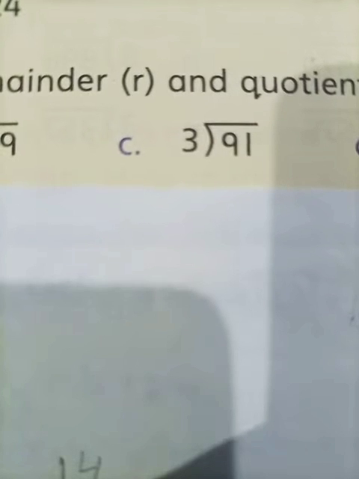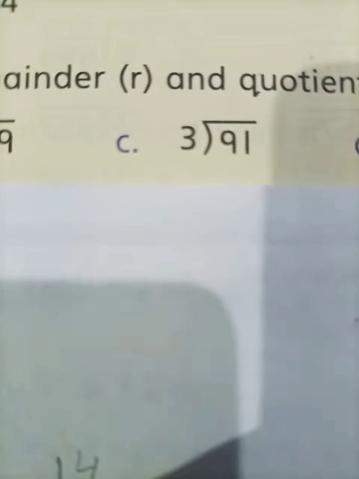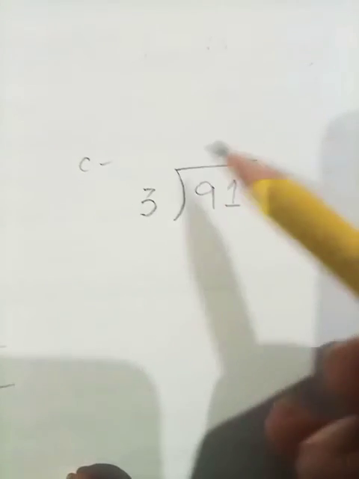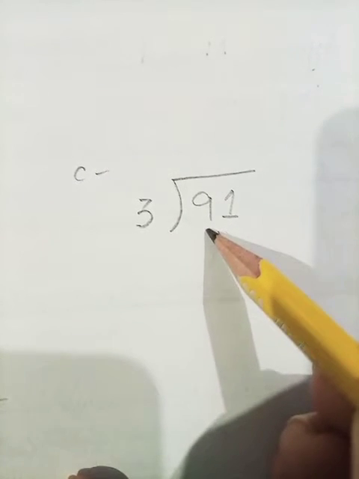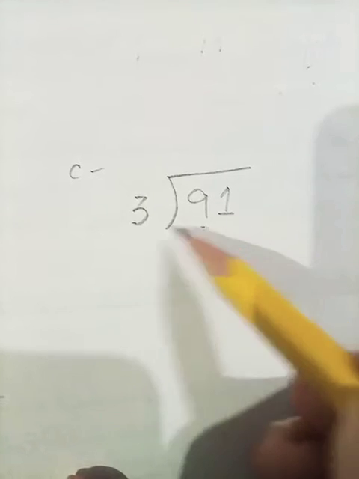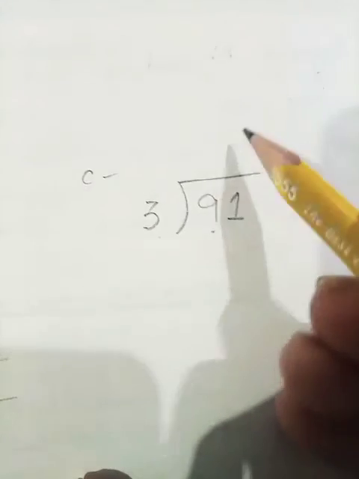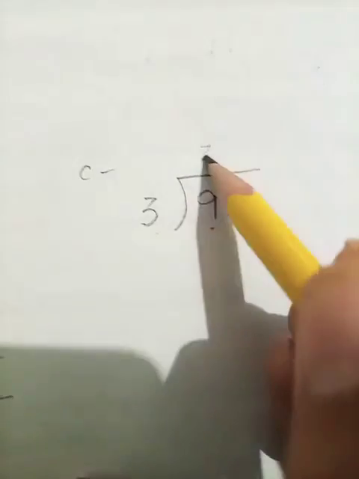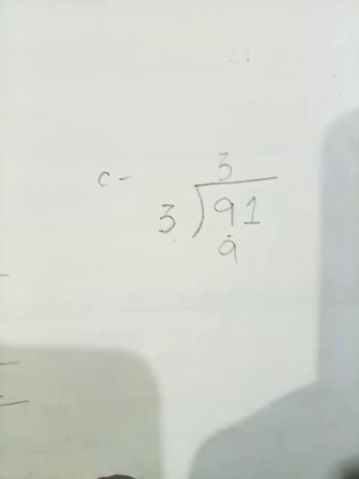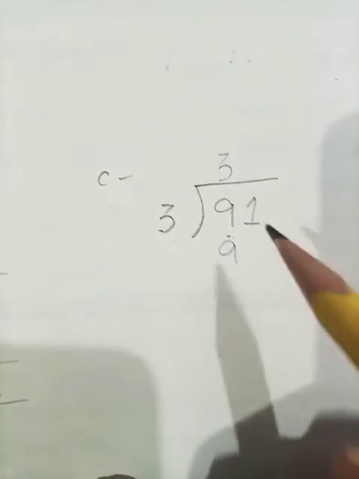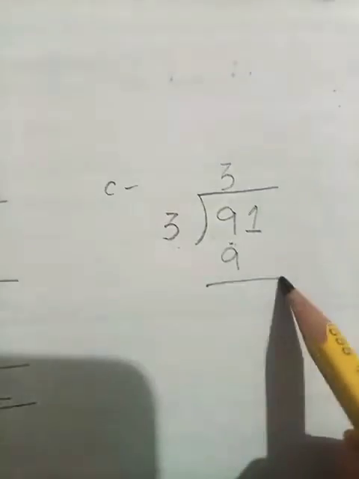Next, in part C, look at this. 91 is being divided by the number 3. Now students, let's divide it. Here is our first digit, that is quite bigger than our divisor, so we can divide it. 3 threes are 9. Now students, let's subtract it.